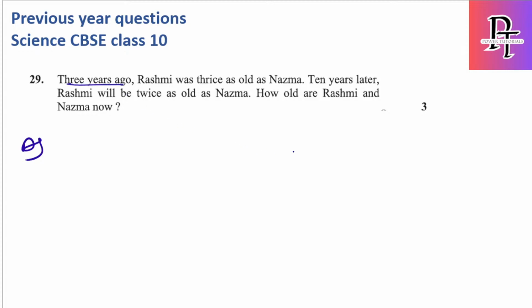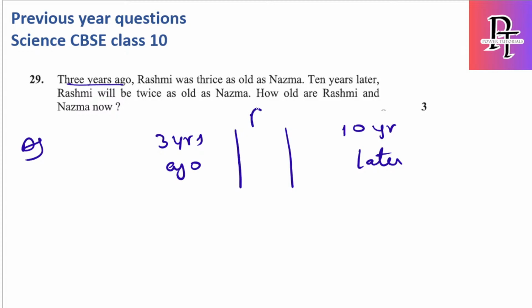So just assume, okay, we have 2 scenarios here. 3 years ago is one scenario. 10 years later is the second scenario. So the present age, okay, I will write here, this is present age. So present age we have 2 ones, which are Rashmi and Nazma.